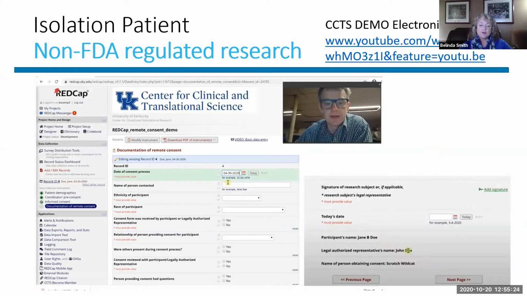As well, there is a pre-consent form, I think is what they call it, where the individual obtaining informed consent can select their name from a drop-down menu. That will embed their name into the signature page of the informed consent. So this is a really neat feature of how this was set up.